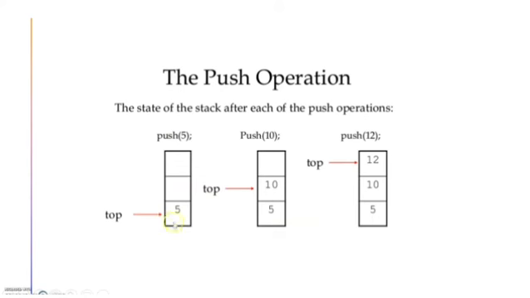It was only having one data, and this is the pointer to the stack, which is the stack pointer. Now if you want to insert another data which is 10, what will you do? You have to increment the stack pointer by 1. Likewise, again we have inserted one more data which is 12, and further the stack pointer has been incremented by 1. So like this, when you are pushing data, the stack pointer will get incremented.